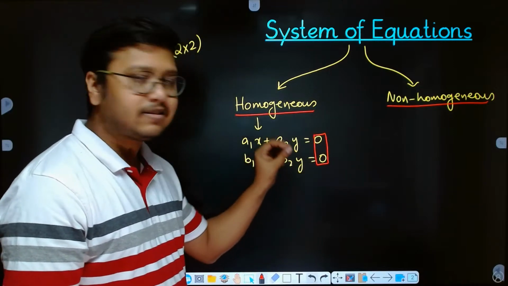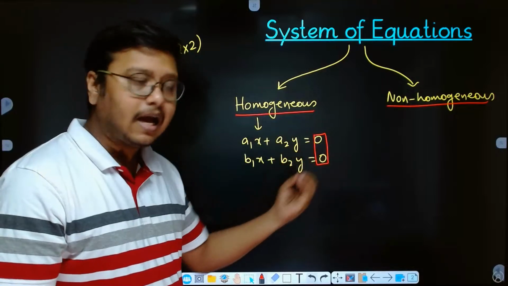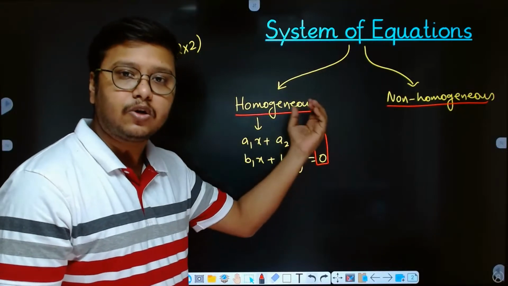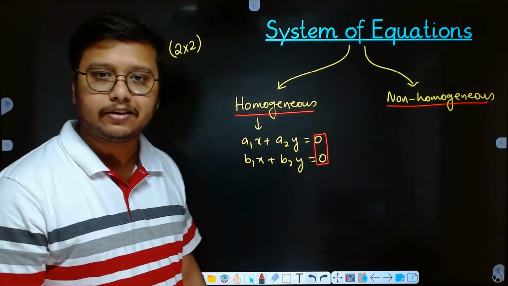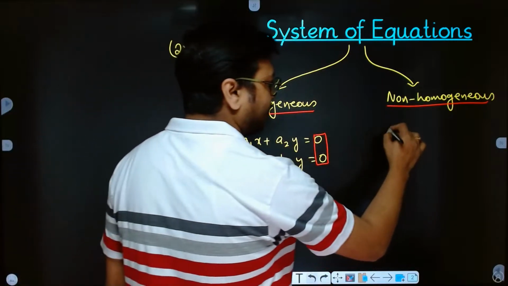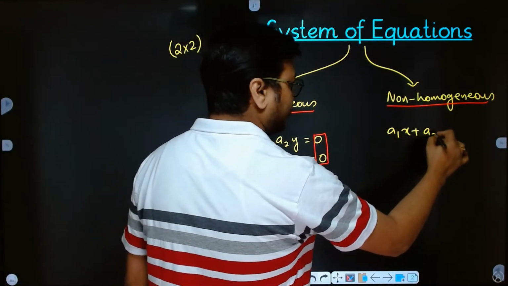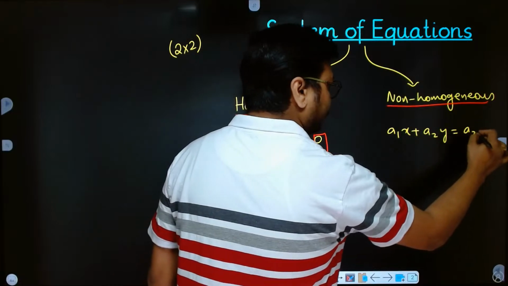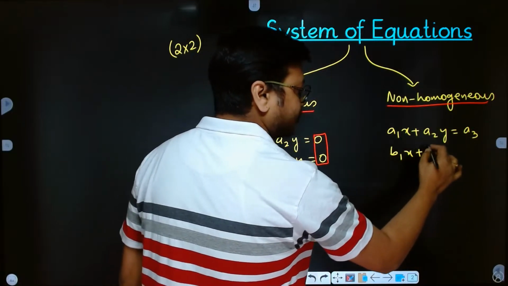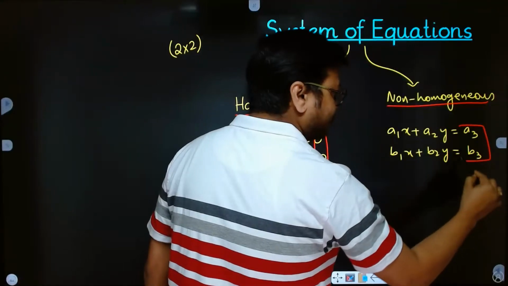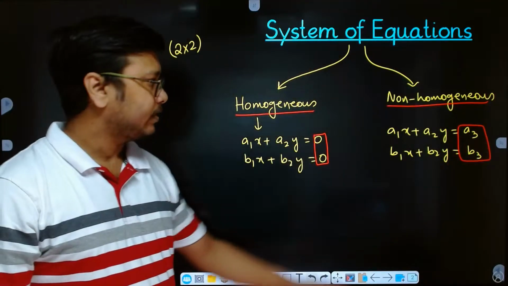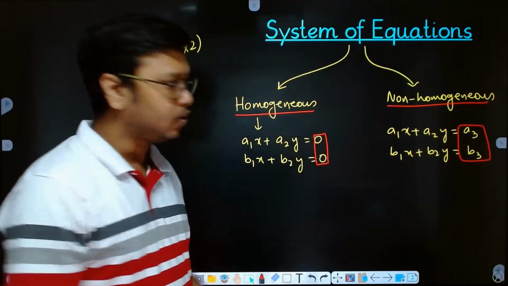Okay, this is a very simple system of equations. If these constants are non-zero, or at least one of them is non-zero, it falls under the category of non-homogeneous. That means we'll have our system of equations in this manner: a1x plus a2y equals some a3, b1x plus b2y equals some b3. So when these constants are non-zero, it falls under the category of non-homogeneous.